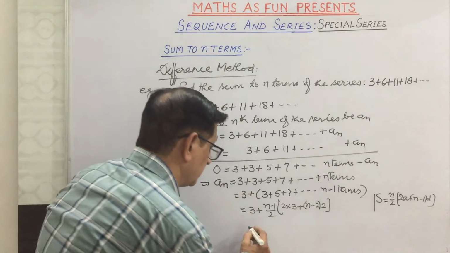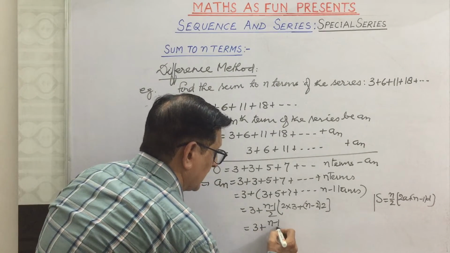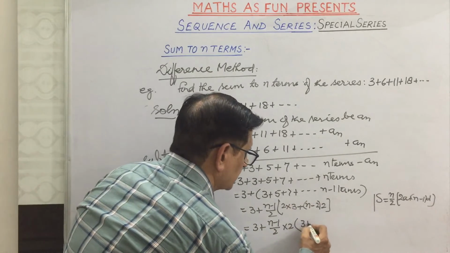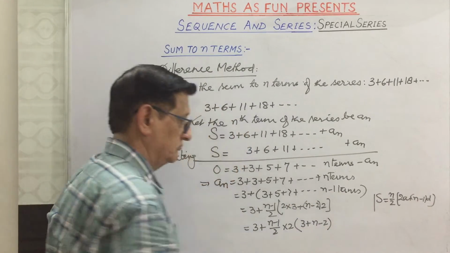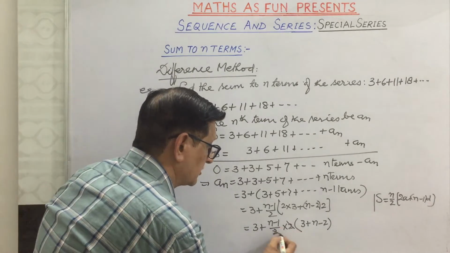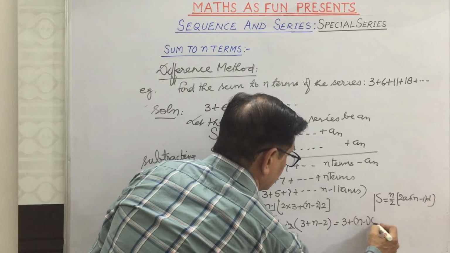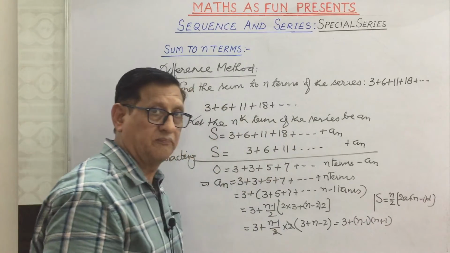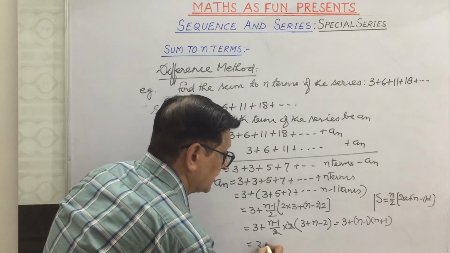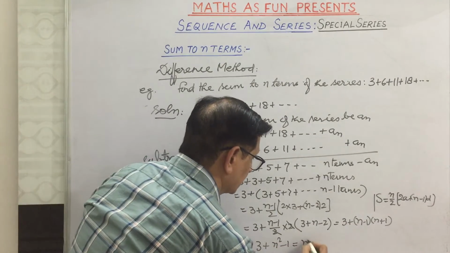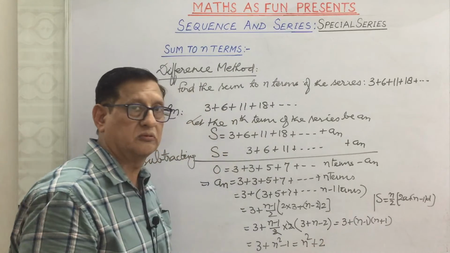If we take 2 common, it will be 3 plus n minus 1 by 2 into 2, and here it will be 3 plus n minus 2. 2 and 2 cancel, and it comes as 3 plus n minus 1 into n plus 1, which is equal to 3 plus n square minus 1, or we can write this as n square plus 2.